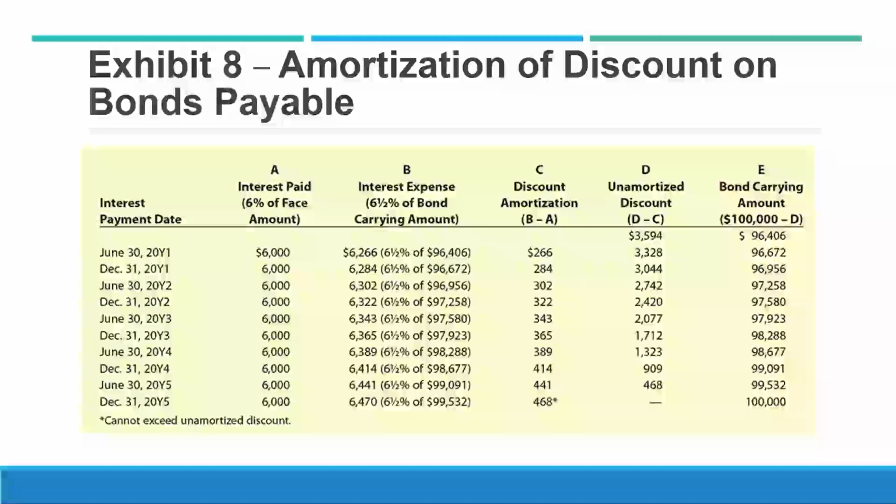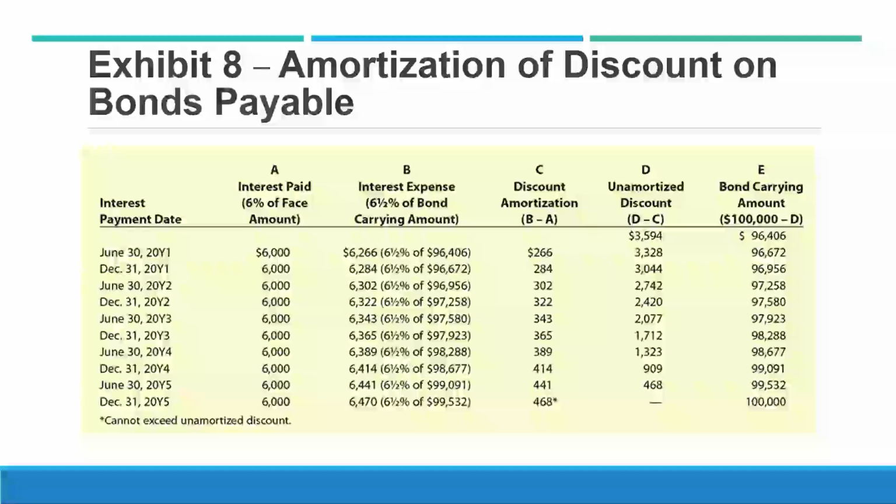The 12% coupon paid every 6 months is 6%, or $6,000. So every 6 months, the amount paid is $6,000, and the unamortized discount is going to be the value in our T account on that particular date.